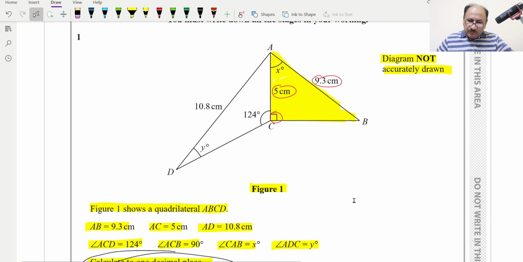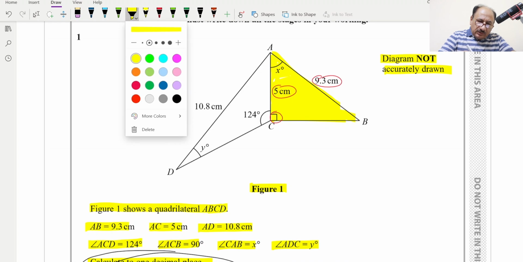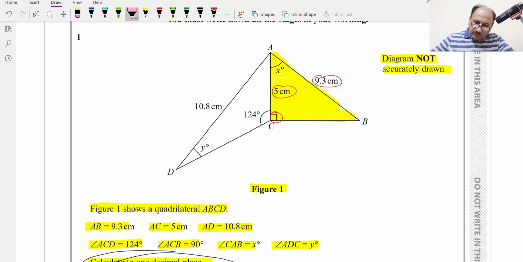Now after finding the x value, we can find the y value also. For the y value we will be considering the other triangle, and in this triangle we can apply the sine rule.